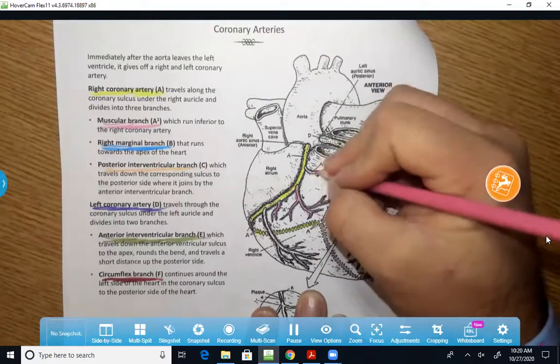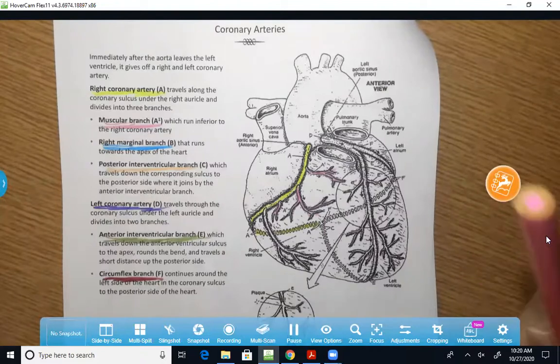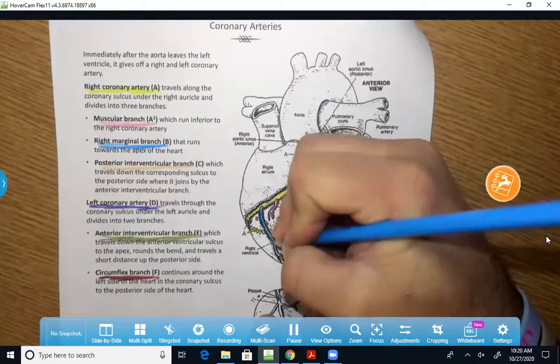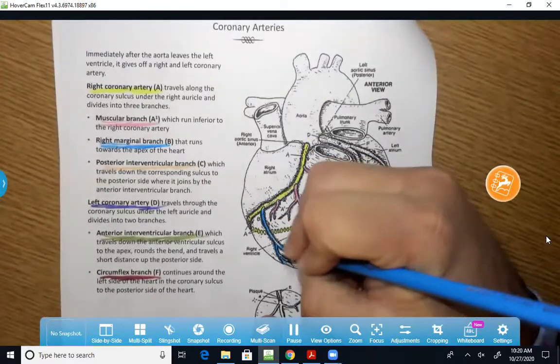These we call the muscular branch. Run inferior to the right coronary artery. There's also a right marginal branch that feeds the anterior side of the right ventricle.